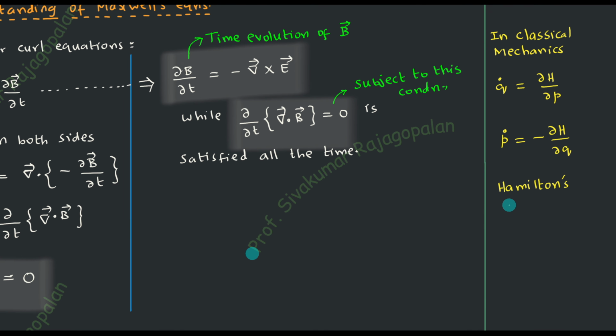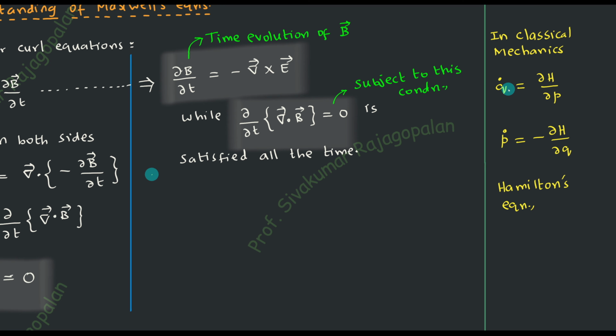So the Hamilton equation is this equation. If you compare this, it will be quite clear for you. So q dot is given by the partial derivative of the Hamiltonian with respect to p. p dot is given by the negative partial derivative of the Hamiltonian with respect to q. Now q dot is nothing but dq/dt. p dot is dp/dt.